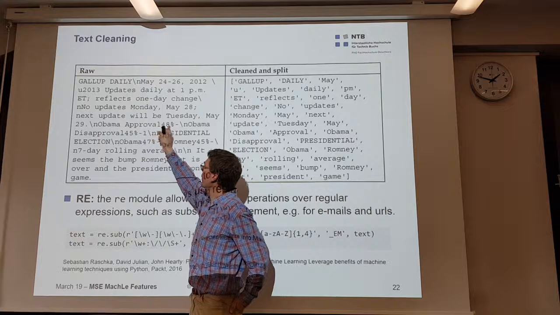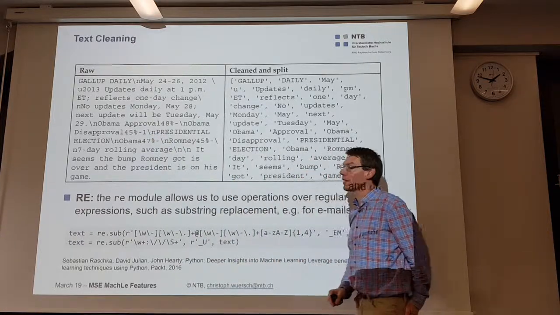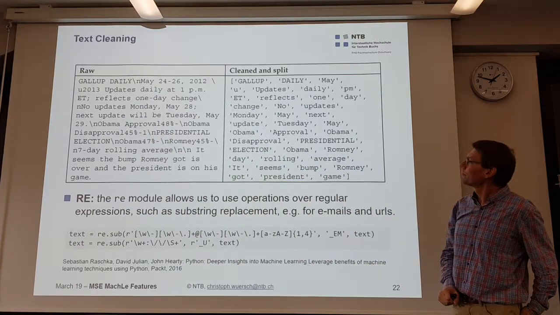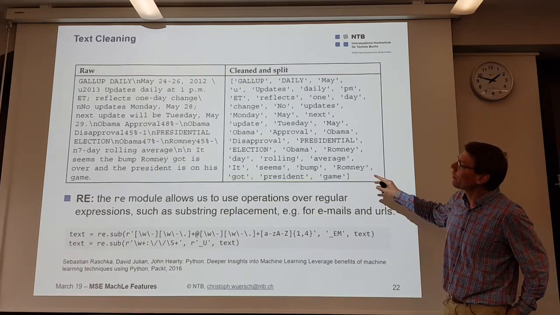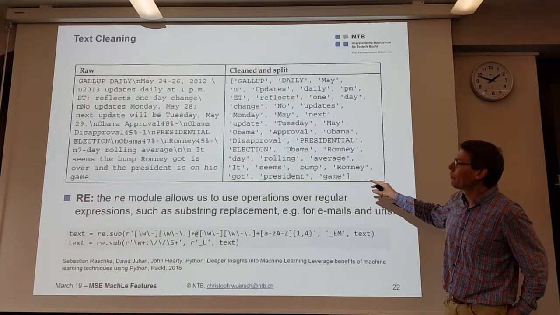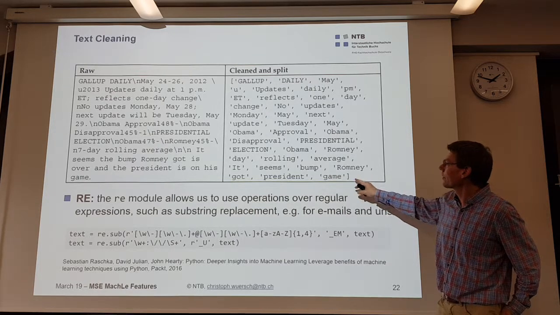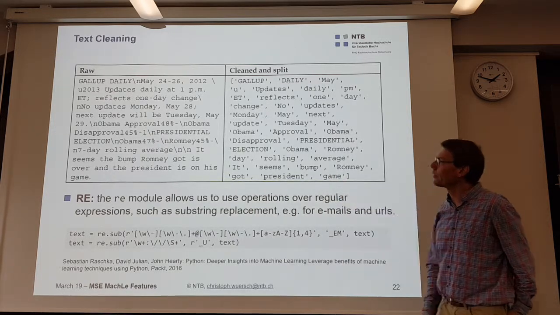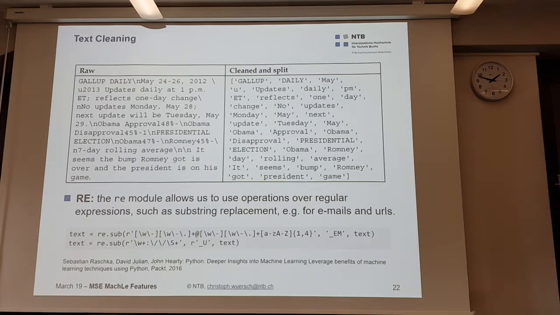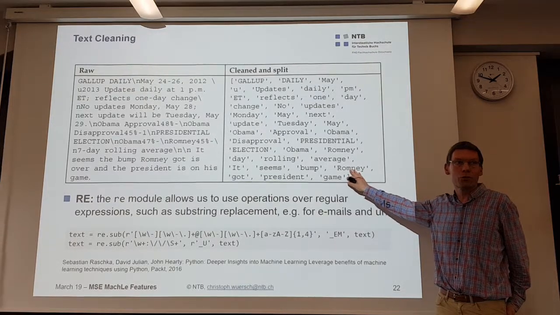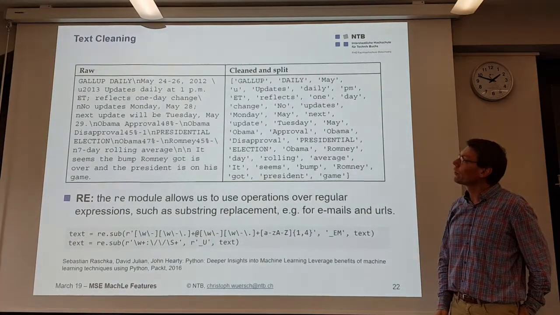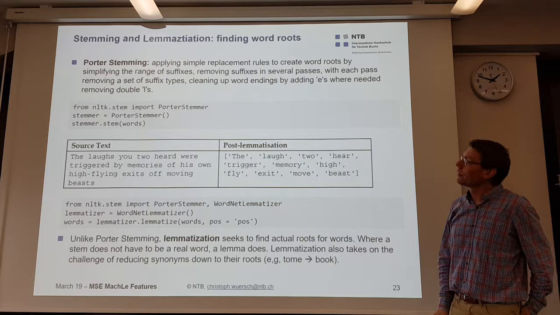Approval is not separated by 48. By 48 we take away. And do we see some stemming here? Not yet. The president. So the words are the same at the moment. No stemming applied here. But here it looks quite clean now. And this is a nice thing to work with. And we can continue.